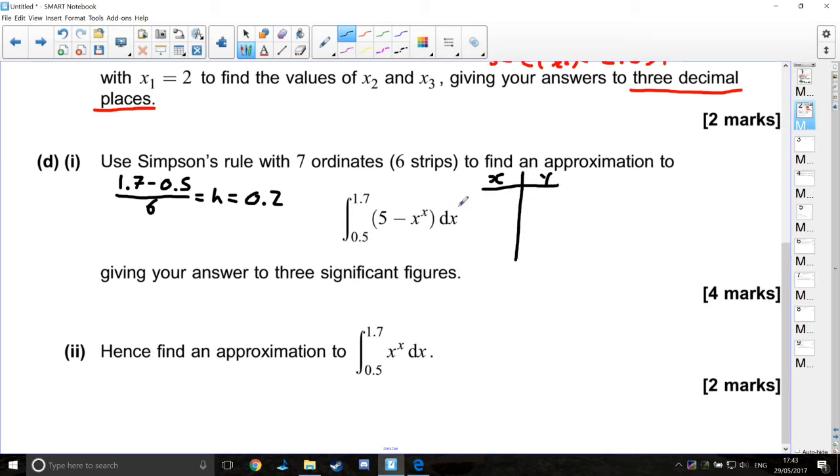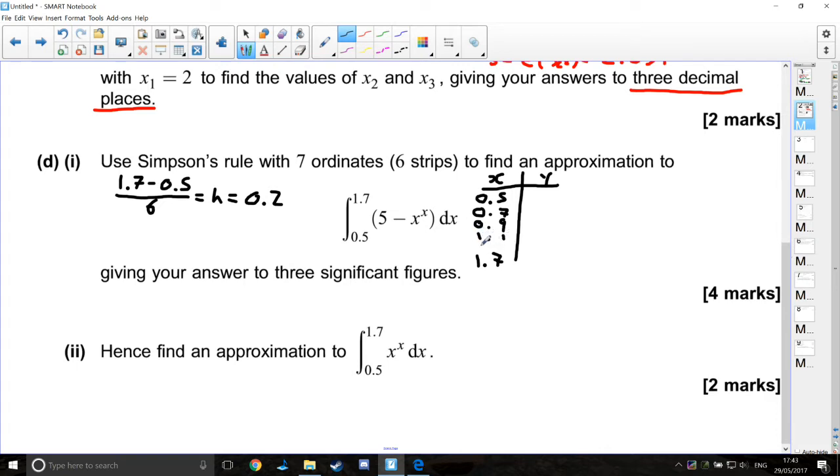So our x values, I'm going to start off with 0.5. It ends at 1.7. The next value will be 0.7 because I add on h onto that. So we've got 0.7 there. Next one is going to be 0.9. And then we've got 1.1.